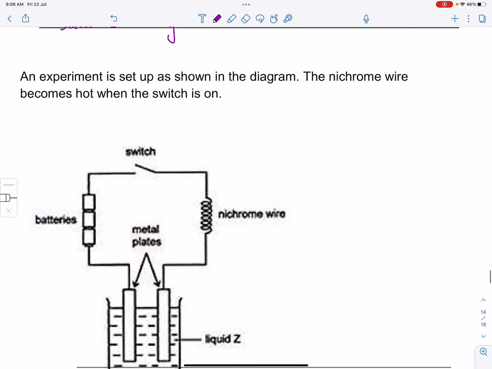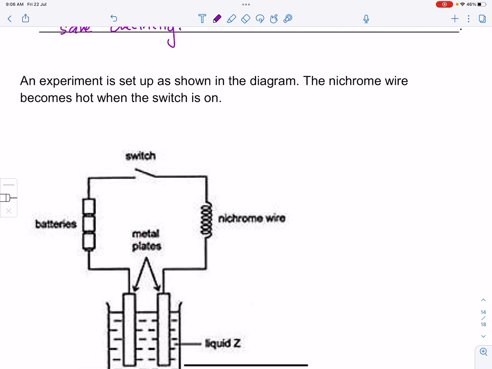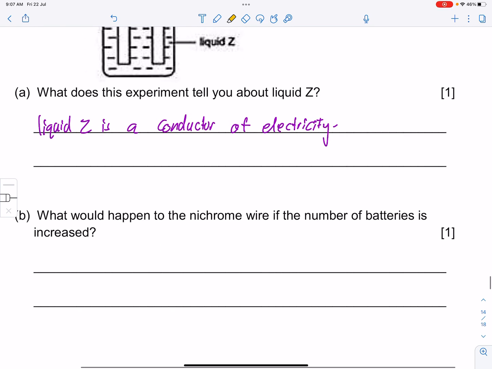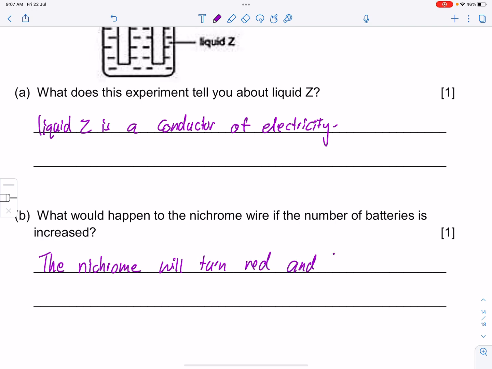Now what will happen to the nichrome wire if the number of batteries is increased? Take a look at the question. They told you the nichrome wire becomes hot, so basically, if you have more current flowing through it, it will become hotter. Or the temperature of the nichrome will become higher.